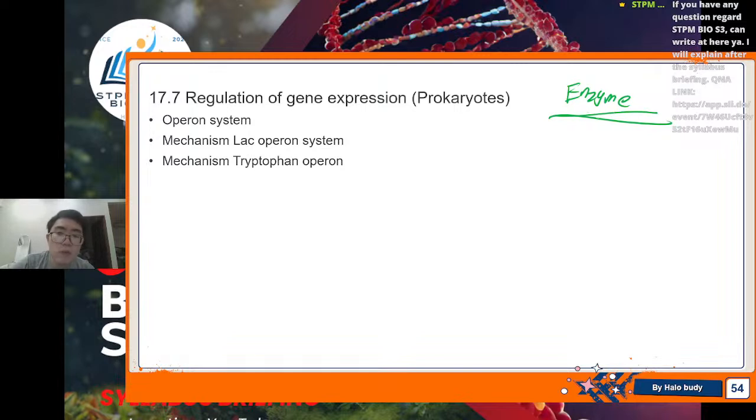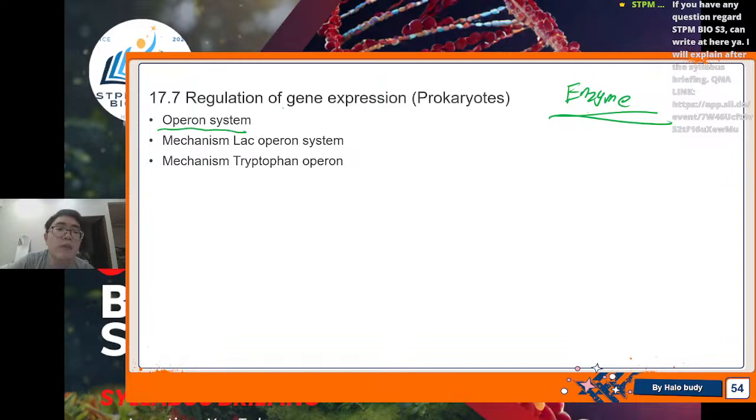Not all situations will require this enzyme. So macam mana dia regulate, how the cell can regulate. Macam mana when at situation A dia mau enzyme, at situation B dia tak mau enzyme.